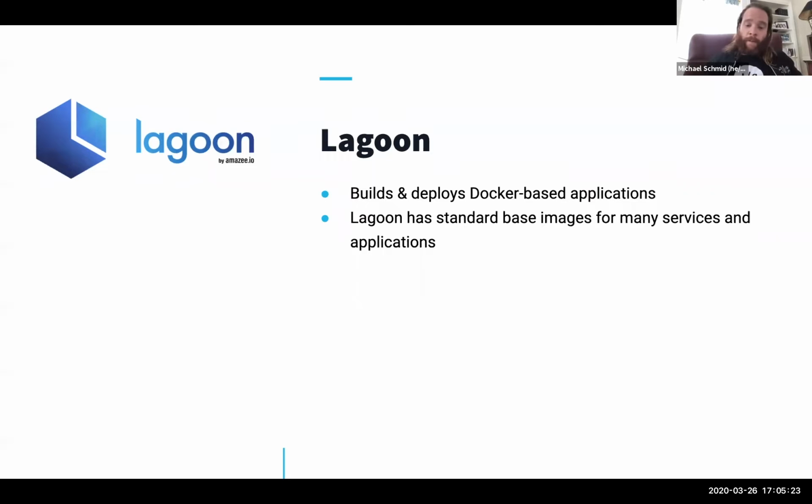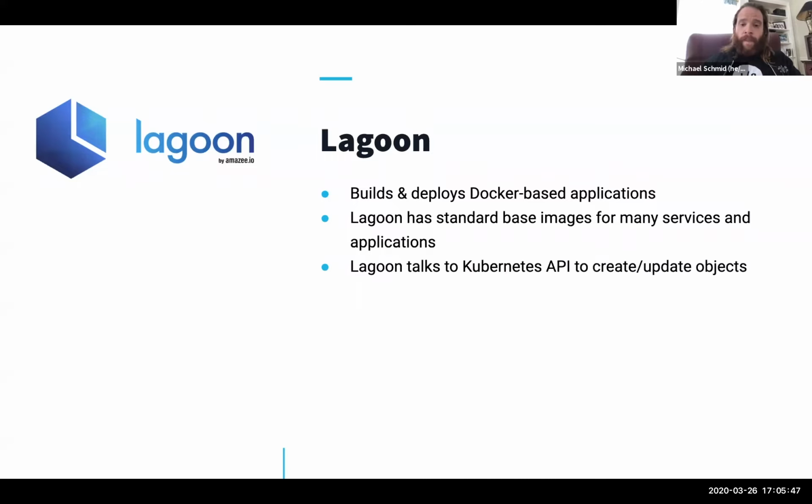We'll see a list of them later, but basically whatever you want to run in web applications, you can run with Lagoon, and we have base images for PHP, MySQL, all these kinds of things. This means it is much easier for anybody to start using Docker and containers to deploy their web-based applications.